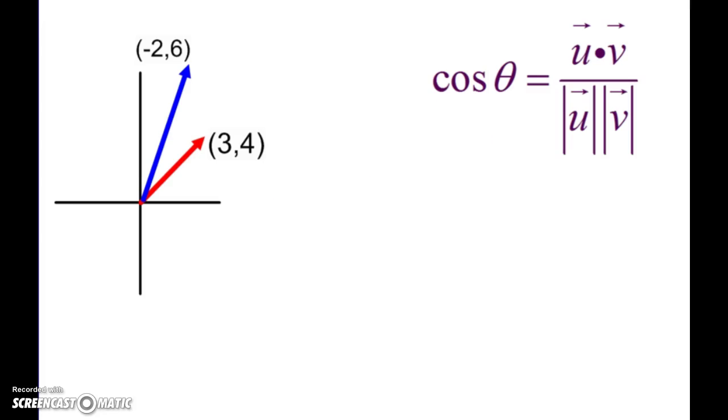So let's find the angle between these two vectors. Oh, I changed my example somewhere in the middle of the problem. That's obviously a positive too. Can you approximate that? What do you think? 15, 20 degrees? Let's see. So u dot v would be 2 times 3 plus 6 times 4. And the norm of u, the magnitude of u, Pythagorean theorem time.